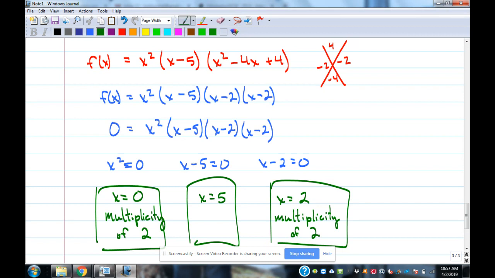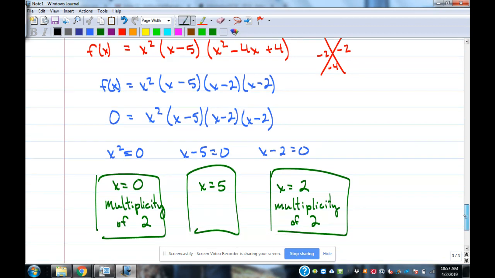Twice in the problem. We had x minus 2 twice as the factors. So we get a multiplicity based off of that. Multiplicity is how many times does it occur? X squared equals 0. Well, that's x equals 0 twice. That's what that means. Okay. All right. So factoring the same way we're doing the first half of the handout, and then last step, the solving, set all your factors equal to 0, and work them from there.